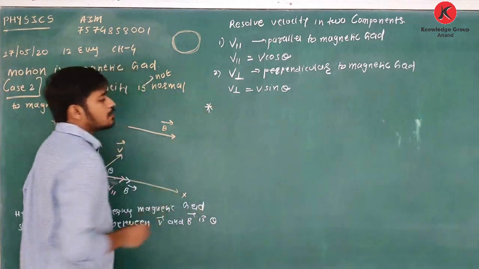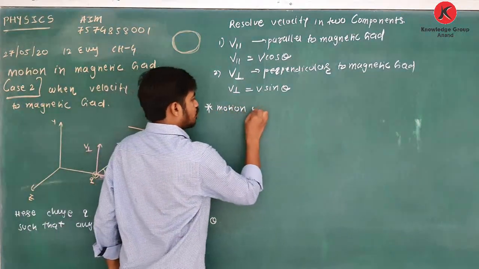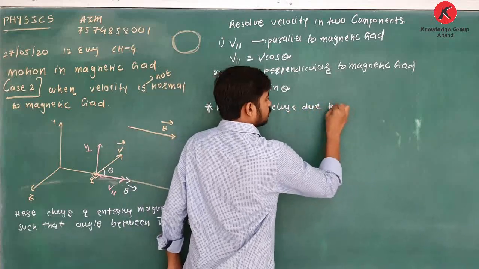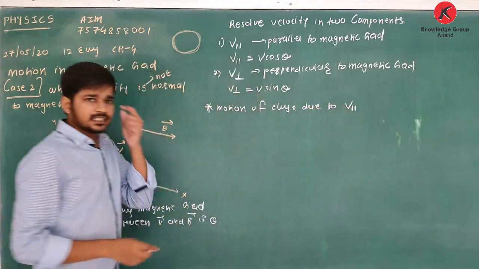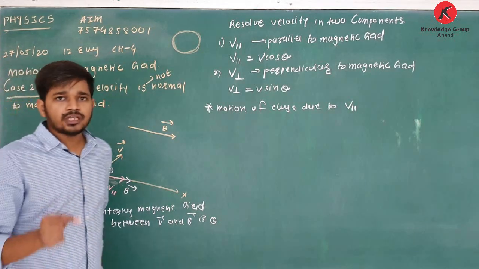Motion of charge due to the v parallel component. What is the equation of force when a charge moves in a magnetic field?